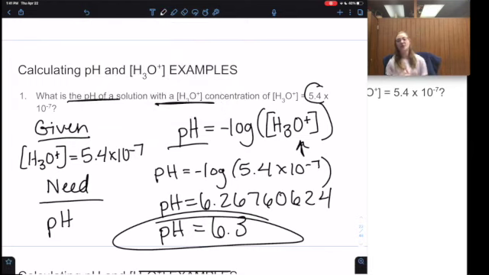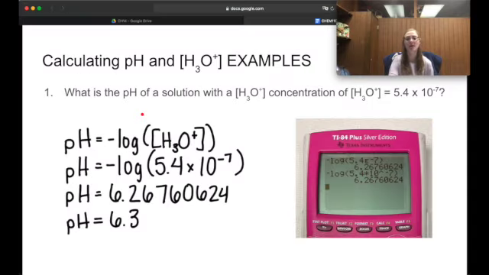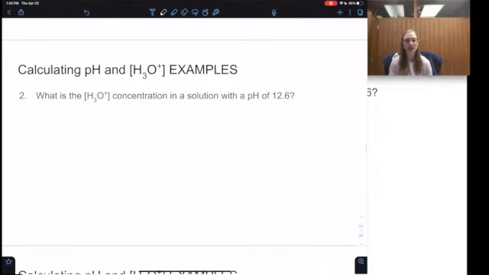If you get a negative number when you're calculating your pH, it's probably because you forgot to type that negative in front of the log into your calculator. So that is how, if you're given the concentration of H3O+, you can find the pH. If you want to see how I'm typing that into my calculator, check the slides, where you can see a picture I put of my calculator screen.